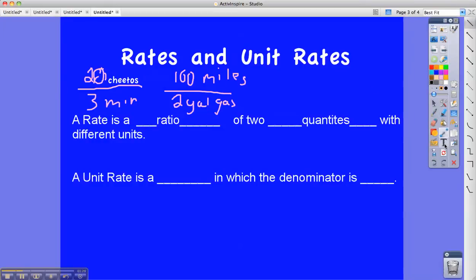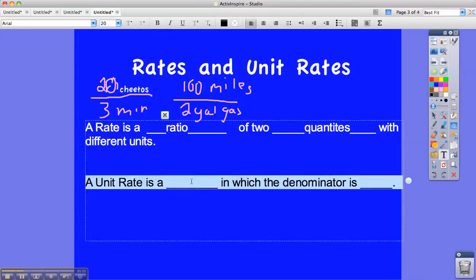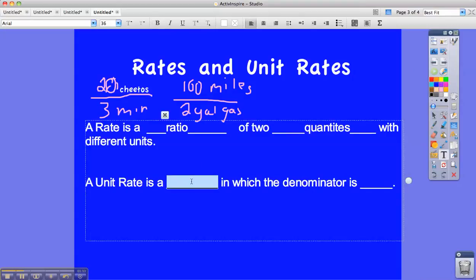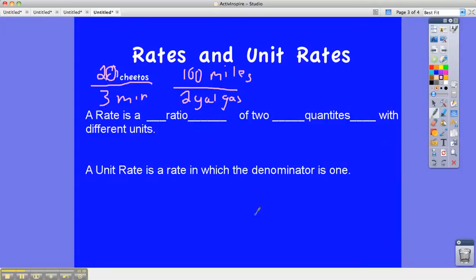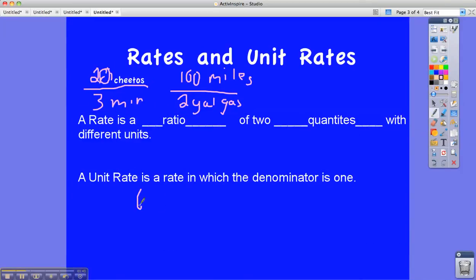What a unit rate is, it's just a type of rate in which the denominator is 1. So some examples of unit rates is I drive 60 miles per 1 hour.